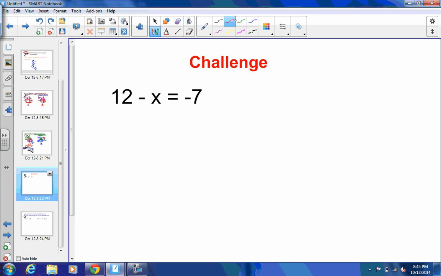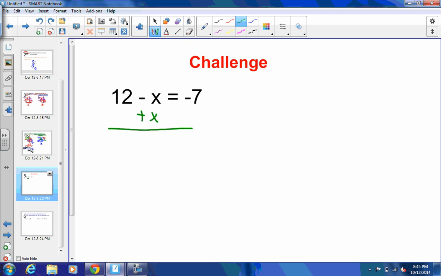So what do you think we do? If you'd like to try this on your own, you can pause it and try it. Otherwise, I'm going to go through it right here. So first of all, based on what we know about the addition or subtraction property of equality, let's get rid of this negative x over here. To do that, we can do the addition property of equality. We can add an x to both sides.